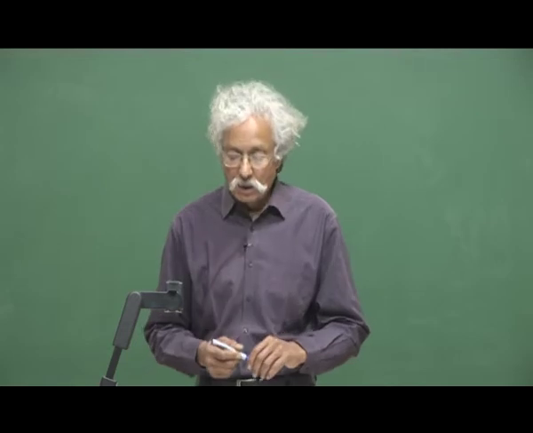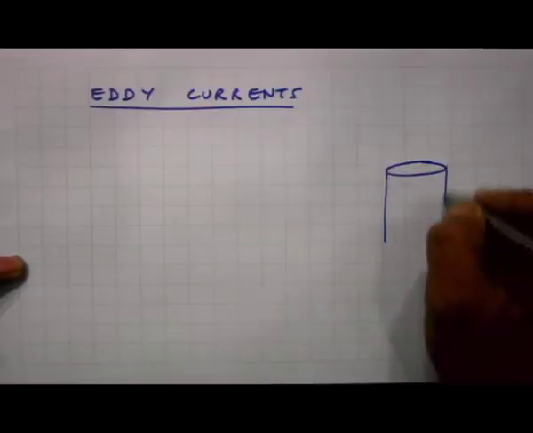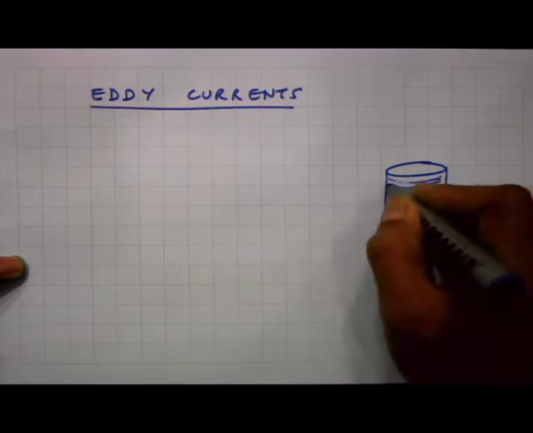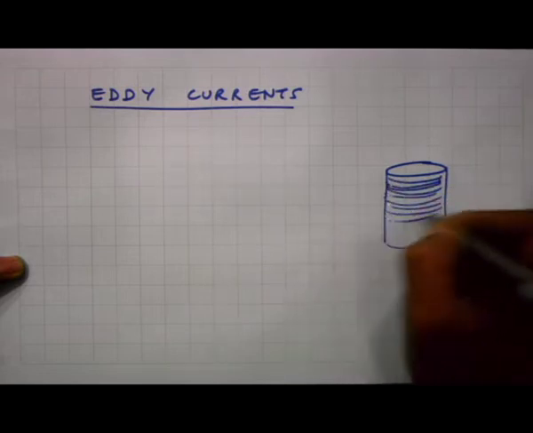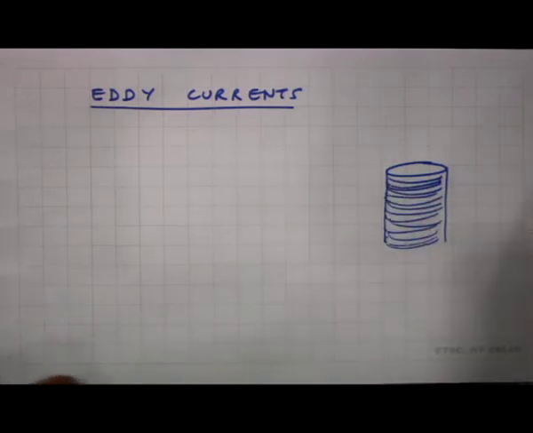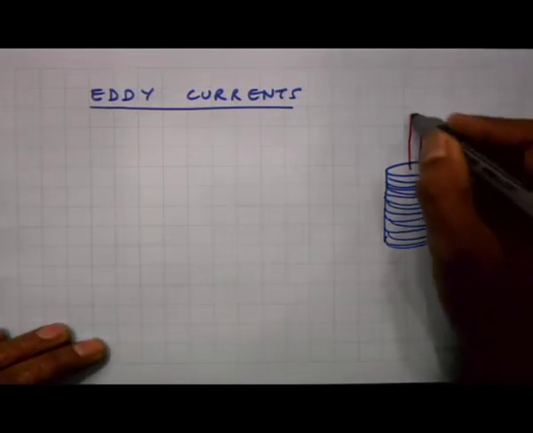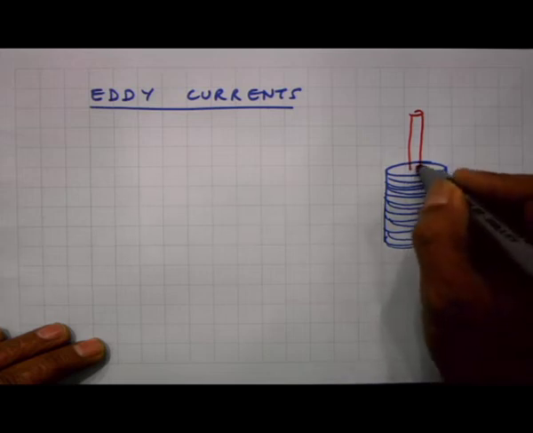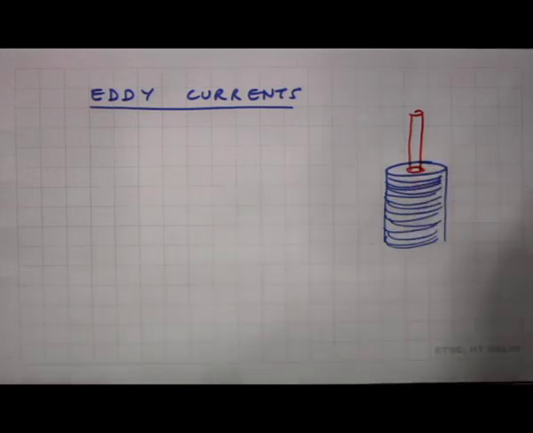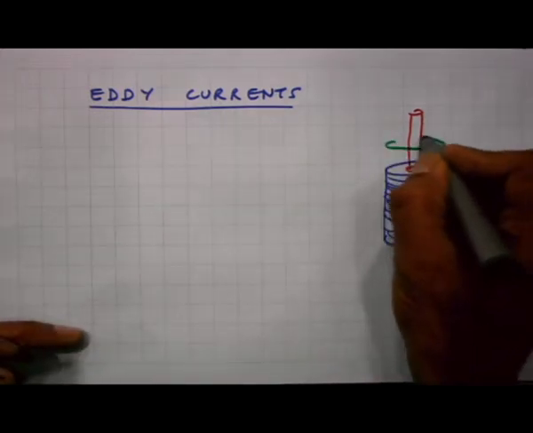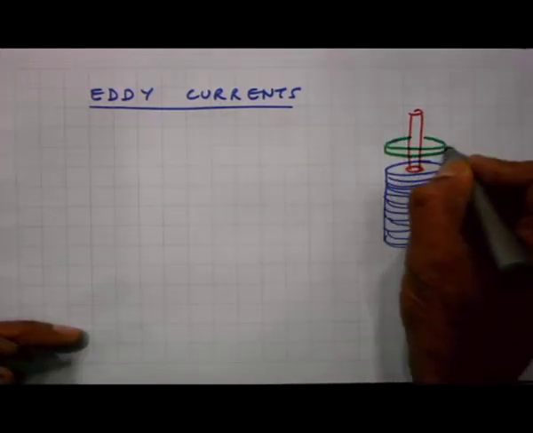In fact, remember the demonstration that we had done in the beginning of the discussion of magnetostatics. I had taken a wound solenoid, and we had a soft iron piece inside through the hole of the solenoid, and then we had an aluminum disc sitting on it.